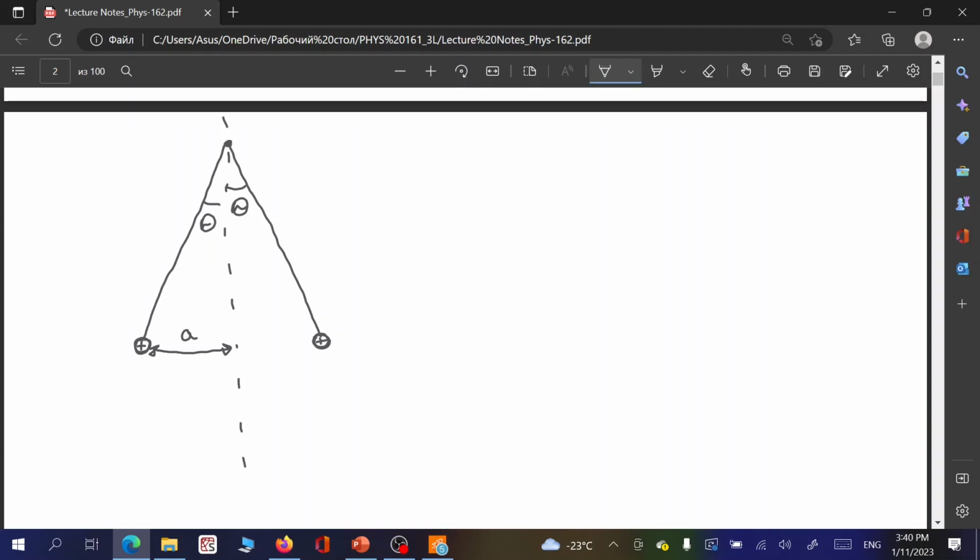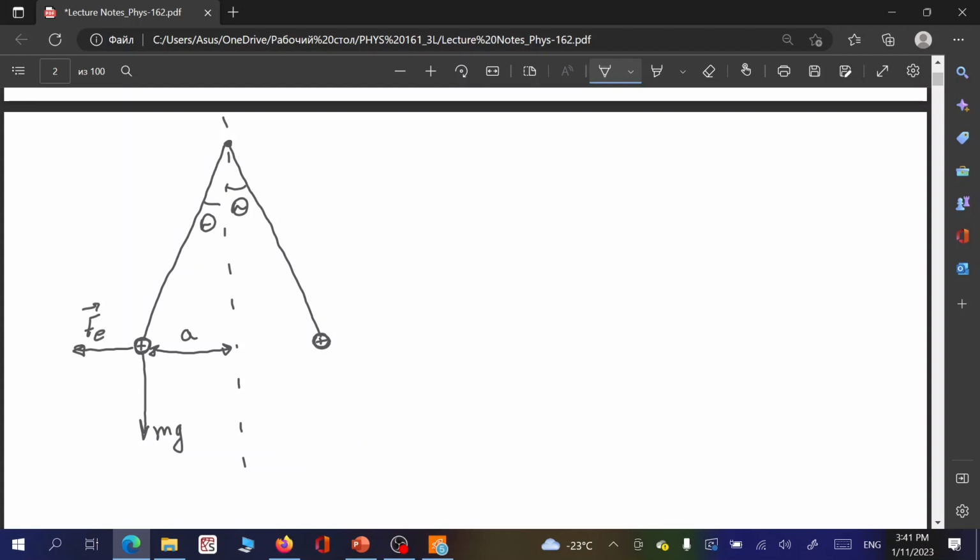Now, since we consider this system in equilibrium, we have certain forces which should be taken into account. First of all, there is the weight of this electrically charged body, mg. Then we have the electric repulsive force, F electric.